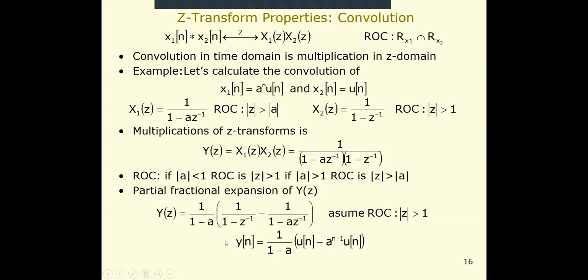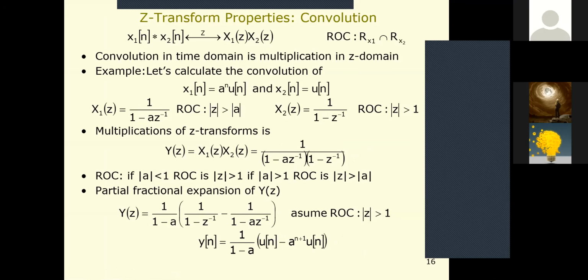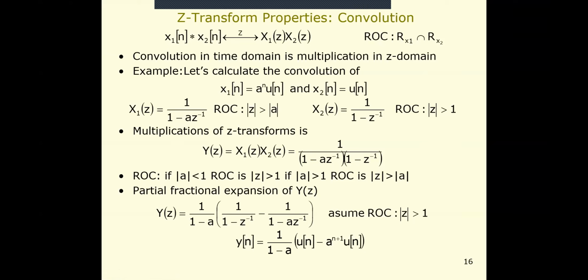Of course, when you talk about convolution, either you implement the convolution in the time domain, or you utilize the property of the z transformation. I mean, find the z transformation for the first function, find the z transformation for the second function, then go to the z domain, perform the multiplication between these two functions, simplify them, and find the inverse to get the final result y of n.